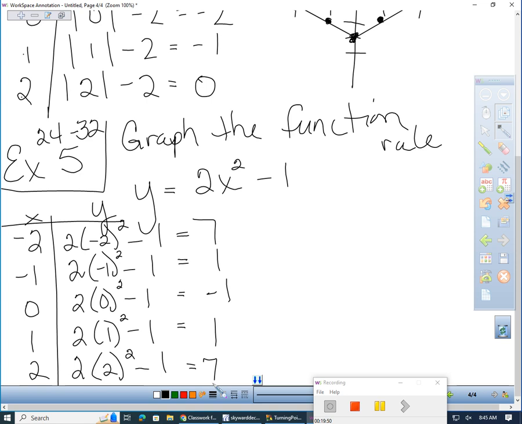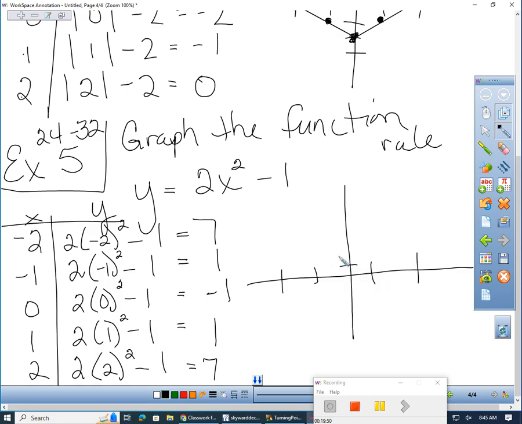So before we graph this, what shape should this one make? Got an x squared in it, so it should make a what? A U. Very good. All right. So when I plot my first point, I am plotting the point negative 2, 7. So I go left 2 and up to 7.